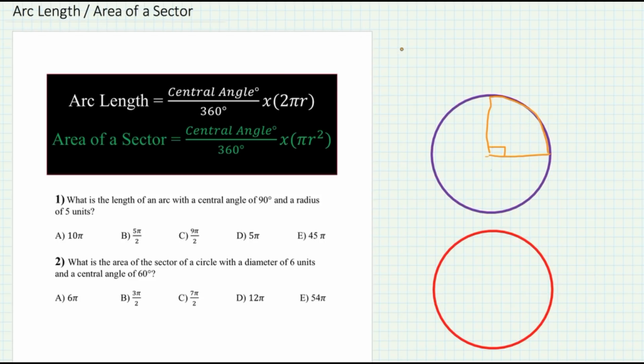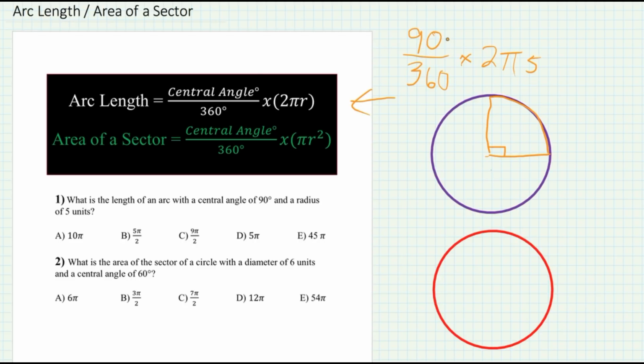So when we calculate it, that's what we get. We get 90 degrees, because that's the central angle, divided by 360 degrees, always 360, because this is the arc length formula. And we're going to multiply that by the circumference, which is 2 pi r, 2 pi times the radius. Radius is given as 5 units.